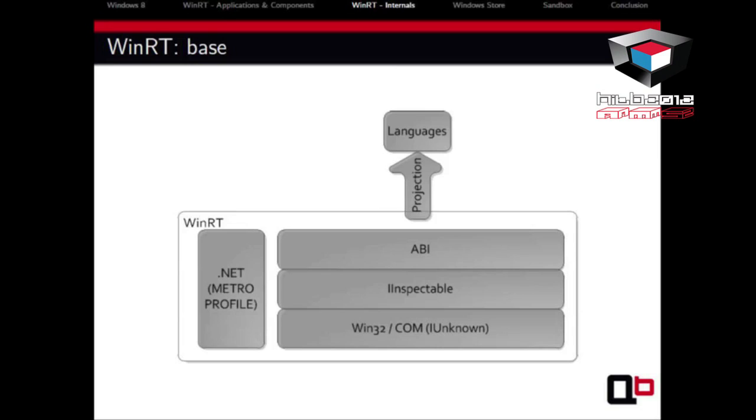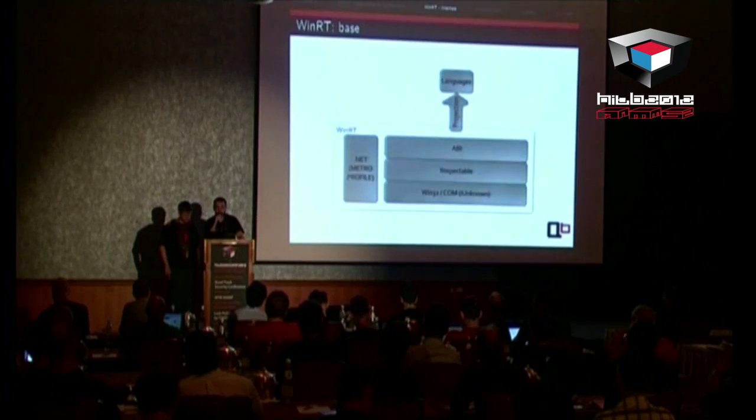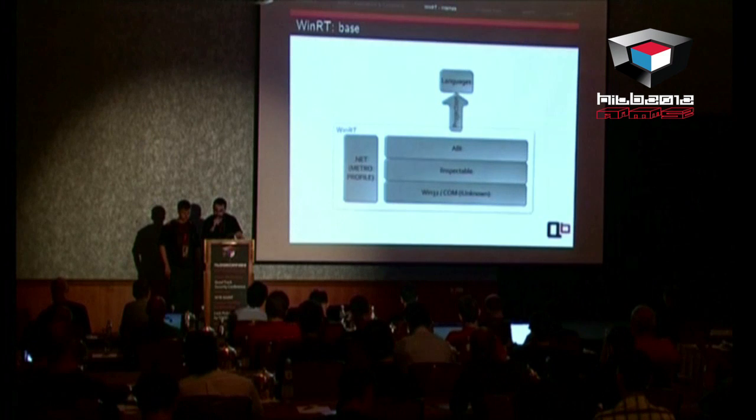A projection, in fact, makes it easier to unify all languages. That means that, for example, if you have programmed a component in C++, you can use this component from another language, like JavaScript or any .NET language.